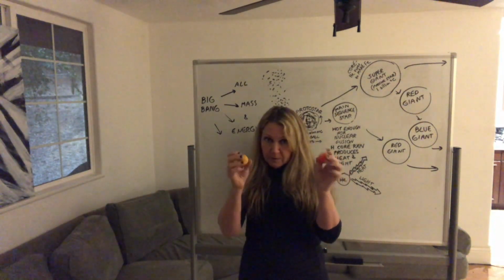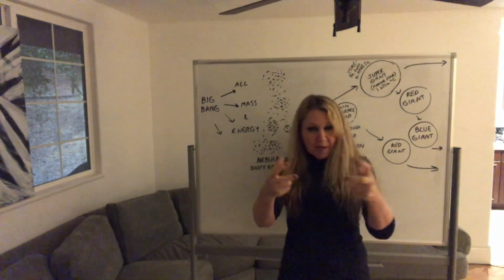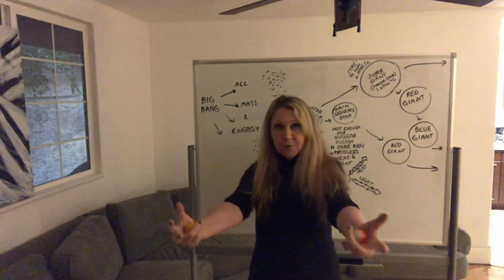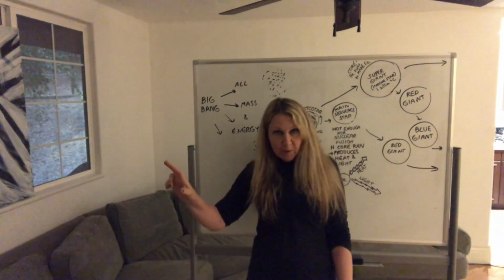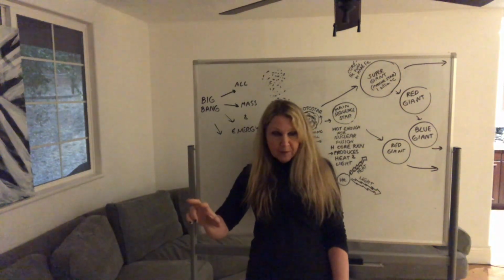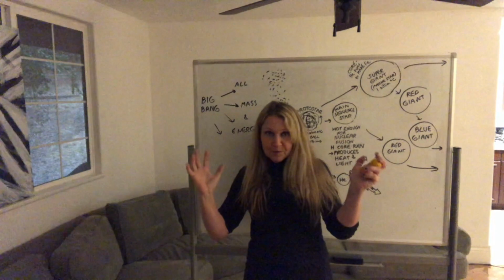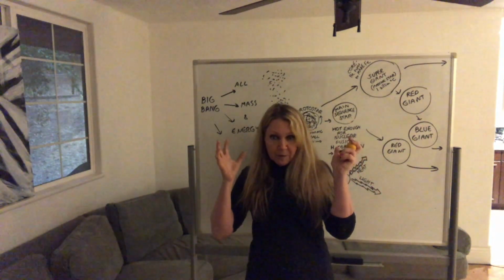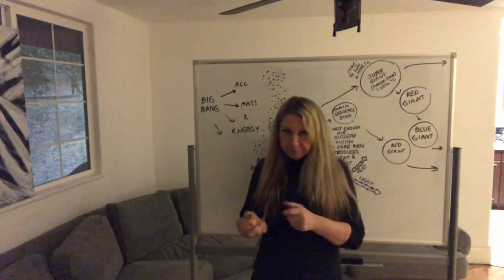Helium, though, in the core now, can fuse to form heavier atoms, such as carbon, nitrogen, oxygen, all the way up to iron. So iron is the most stable element, and the very, very massive stars, the core will be made of iron.